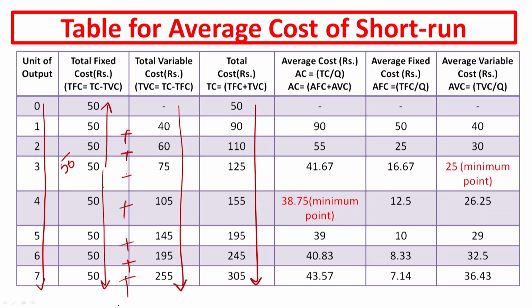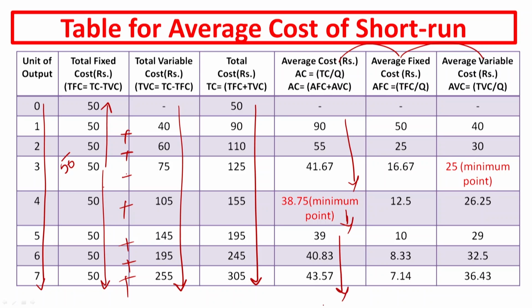Today we are going to understand the relationship between the average cost, average fixed cost and average variable cost through a table. As you are increasing the level of output, your average cost will reduce, reach its minimum point and thereafter increase.